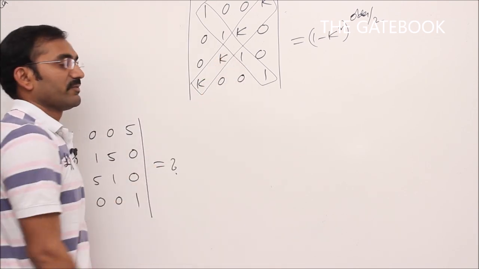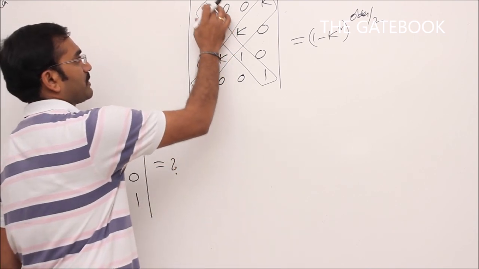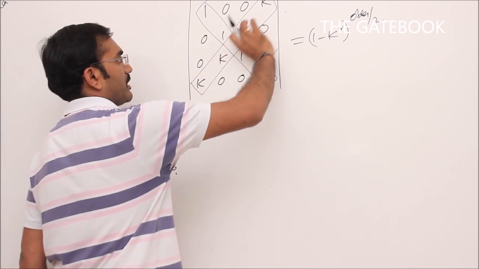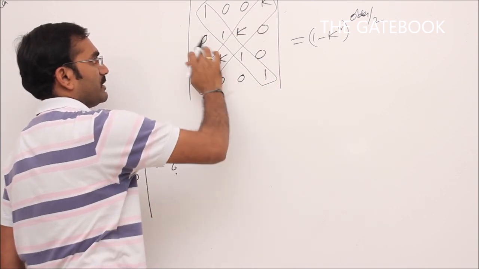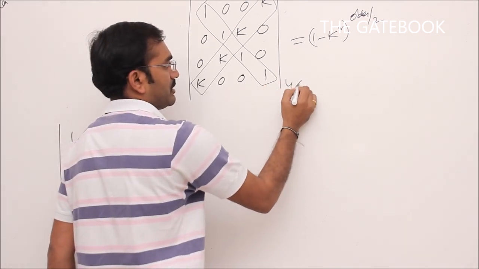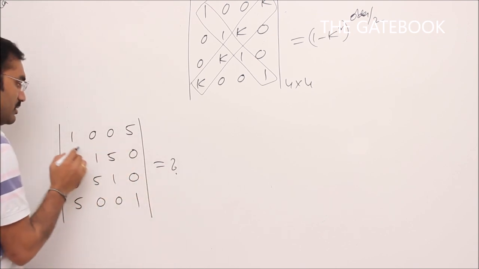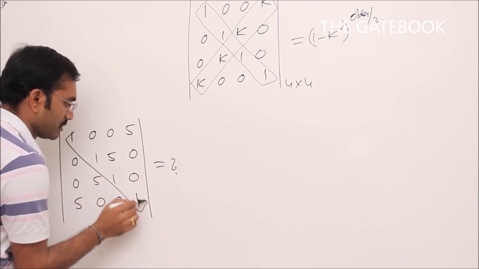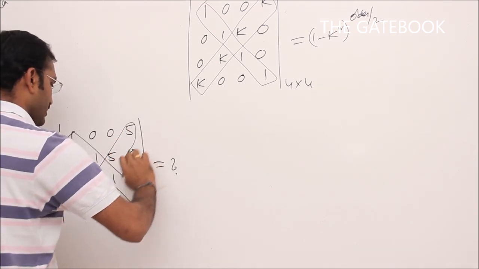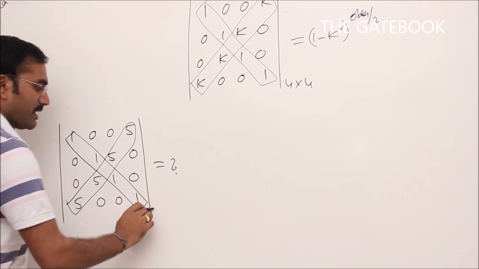To apply the shortcut formula, the conditions are: the principal diagonal elements must be equal to 1, other diagonal elements equal to the same number k, all remaining elements must be equal to 0, and the order of that matrix must be even order. Now see here, principal diagonal elements equal to unity, other diagonal elements equal to the same number 5, all remaining elements are zeros, and the order of that matrix is even.